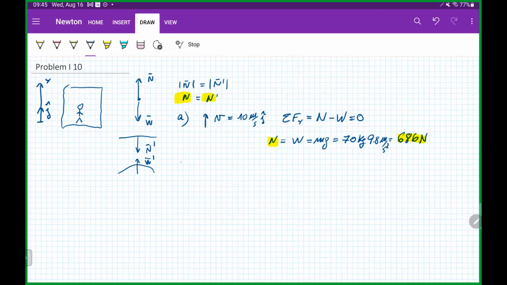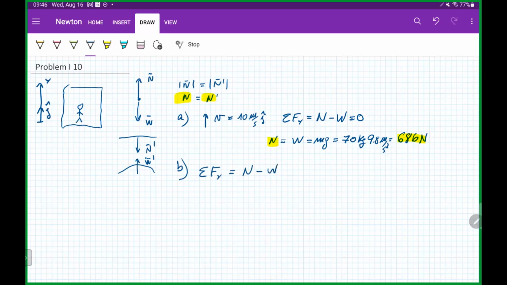Okay, so let's take a look at case B. So for case B, it says it's going upward with a constant acceleration of 1 meter per second squared. So if the thing is going up with acceleration, then we cannot say that the net force on Fy would be 0. It would be something, right? So again, we write the same thing because forces haven't changed at all.